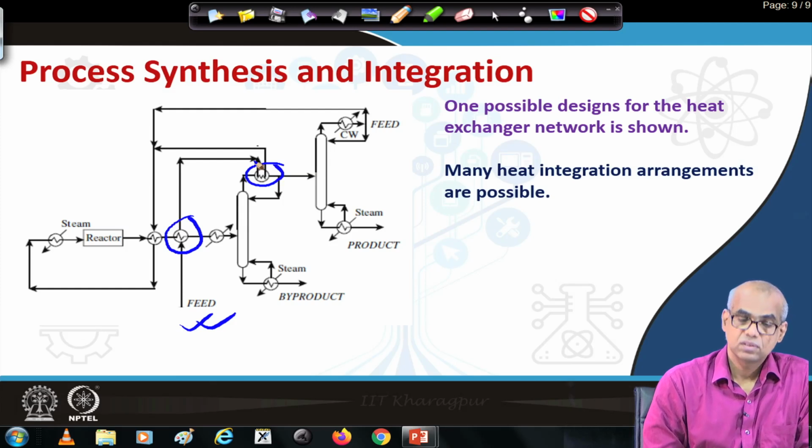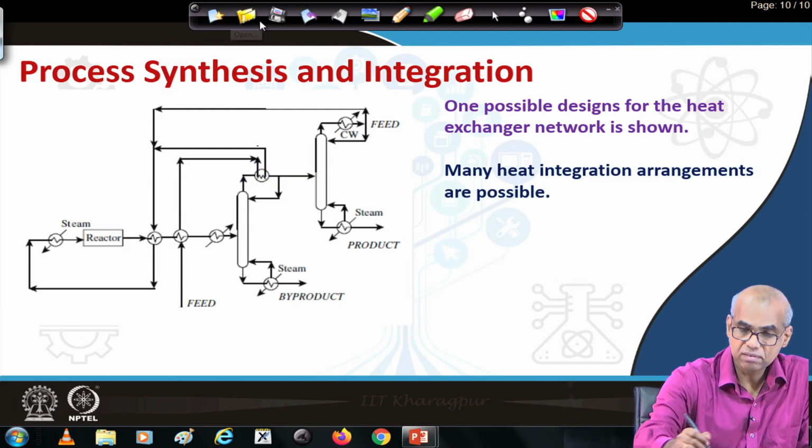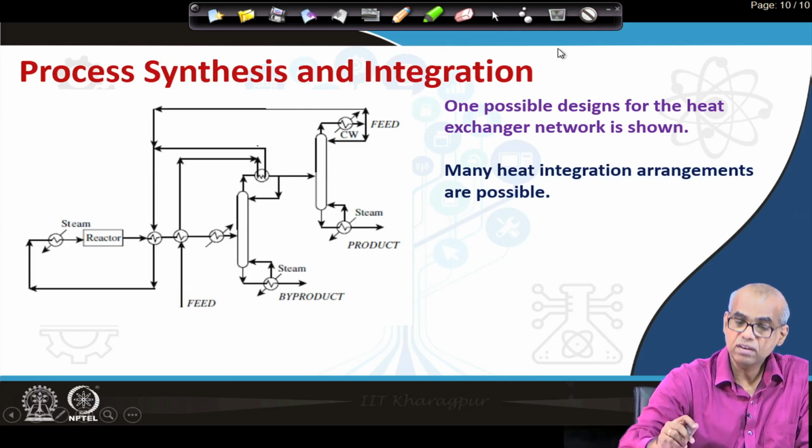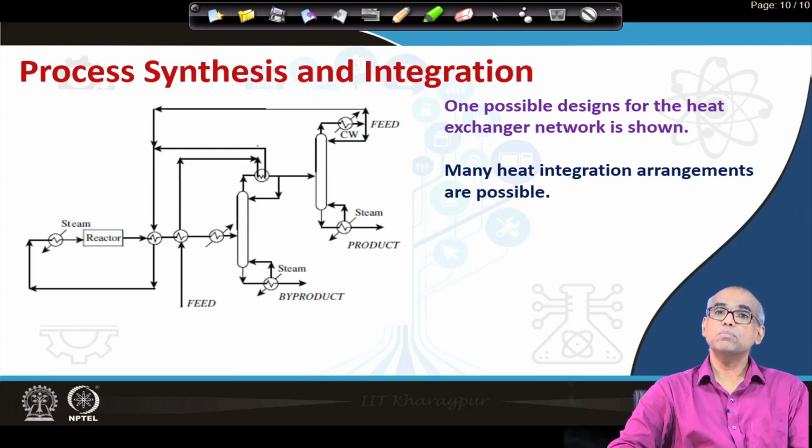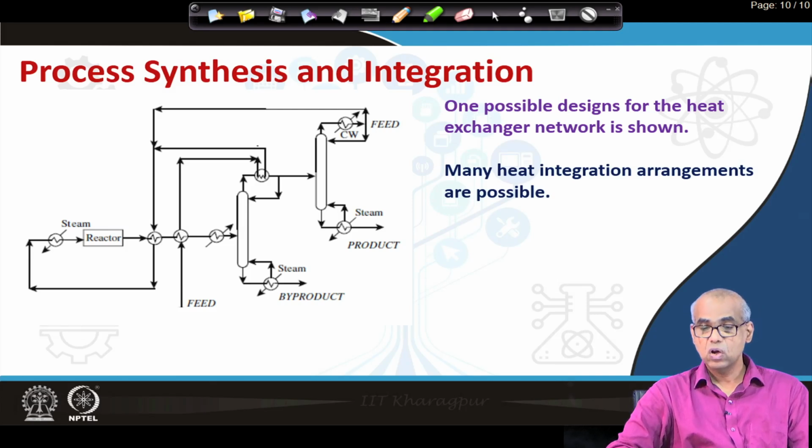So, an attempt has been made to recover energy from the available streams in the process. Note that there will be many integration arrangements and this is just one possible design. Later on, we will talk about this energy recovery in more detail.